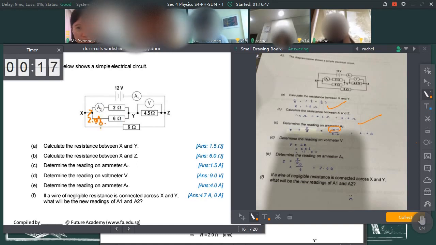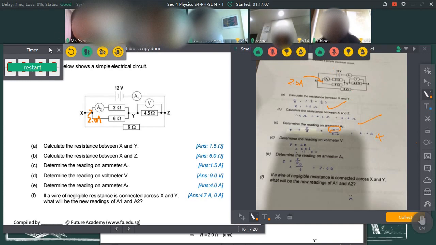The one you find is actually here. I can label here. The 2.0 you find is the total current before it's split into A2 and the other current. So this is not the final answer.